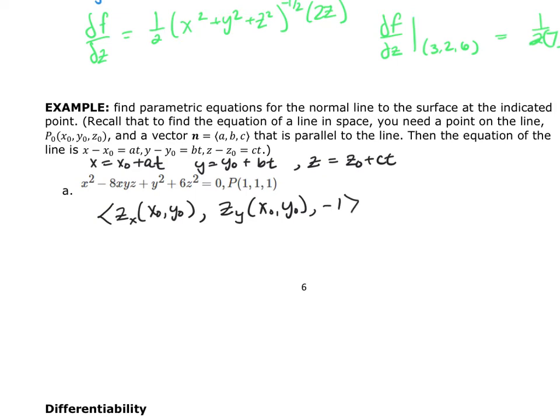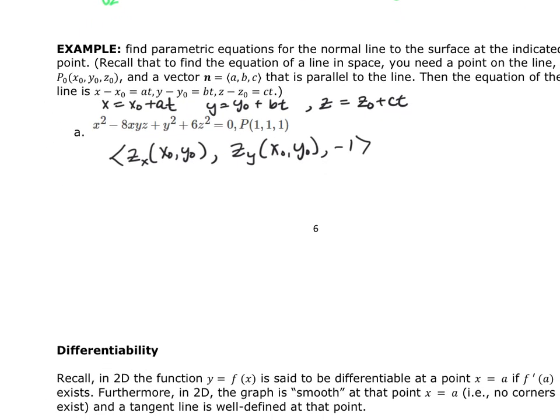So we're going to want to differentiate with respect to x using implicit differentiation, because there's no way I can get z by itself.